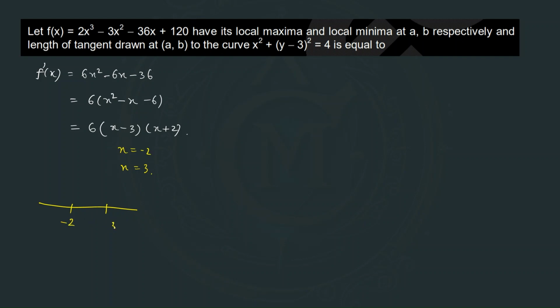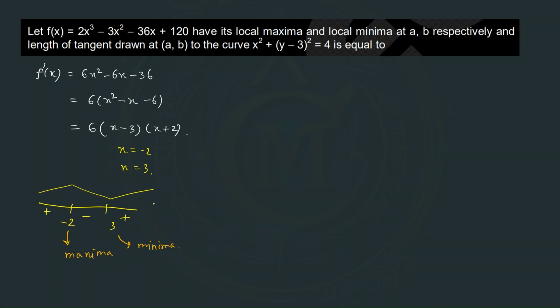Now we can use the wavy curve method to find whether these points are maxima or minima. These are the critical points and we apply the sign scheme plus minus plus. So here the function increases, then decreases, then again increases. We can see easily that x equal to minus 2 is a point of maxima and x equal to 3 is a point of minimum.